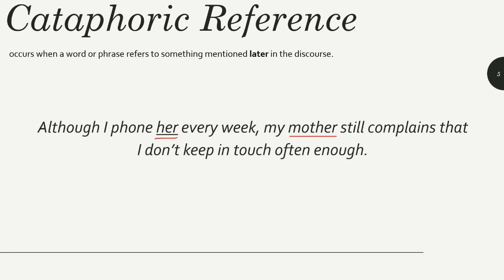So, this was the reference. Because it was a cataphoric reference, the words my mother pop up after the word her. And of course, it is valid for another sentence.